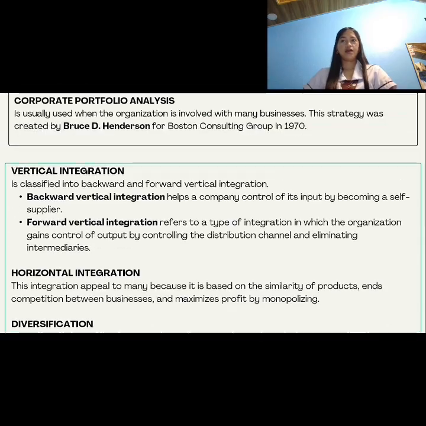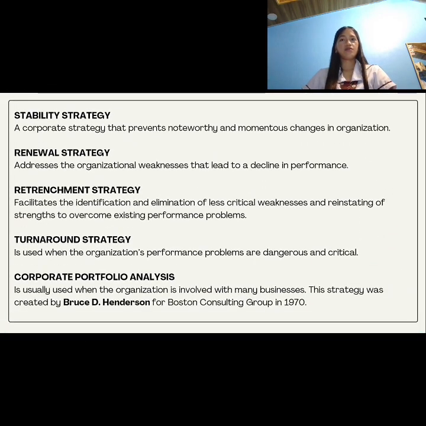Stability strategy, a corporate strategy that prevents noteworthy and momentous changes in the organization. It is when a company decides to maintain its current position without taking big risks or trying to grow too quickly. The goal is to maintain the company's current size, products, customer base, and market share. For example, si Saka small ice cream shop nga popular siya in town for years.